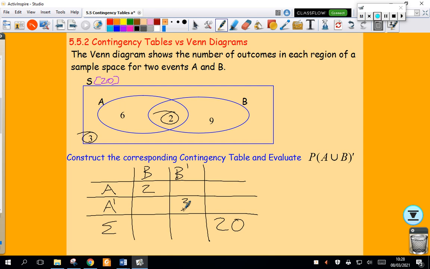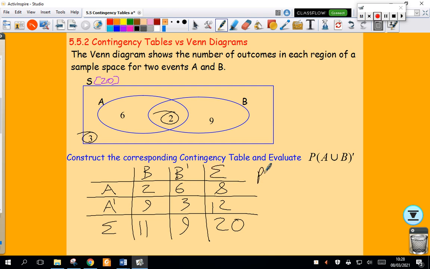And then 6 is inside A, but outside B. 9 are inside B, but outside A. So altogether there's 11 outcomes in event B. There are 9 outcomes that make up event B complement. There are 8 outcomes that make up event A, and there are 12 outcomes that make up event A complement. Should put that in there.